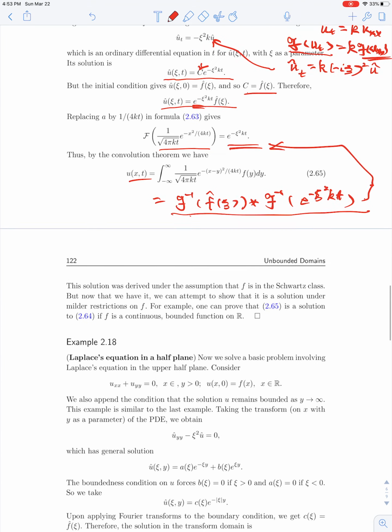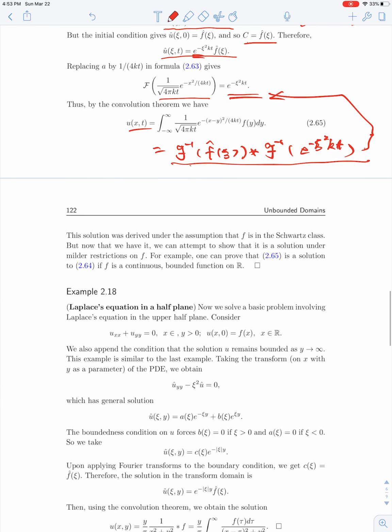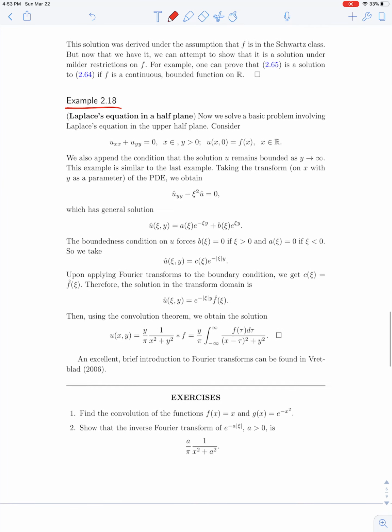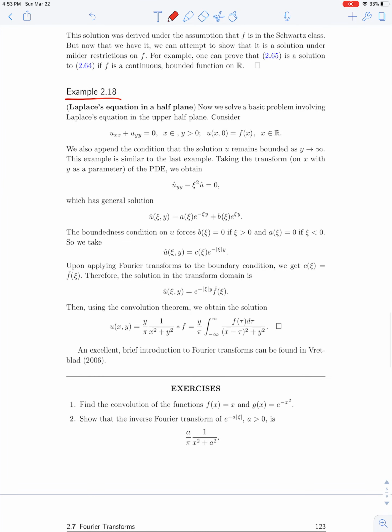Okay, so now the other example I want you to read over is example 2.18. Here you get a Laplace equation with this boundary condition. We actually have two spatial variables, x and y. So we fix one spatial variable as a parameter, and then we apply the Fourier transform with respect to the other variable.